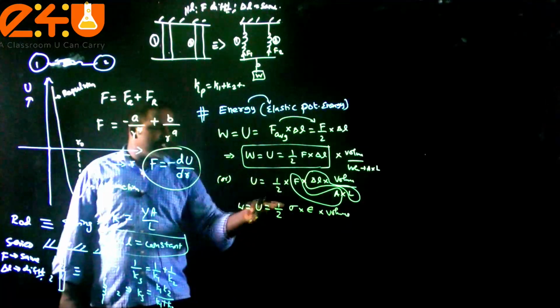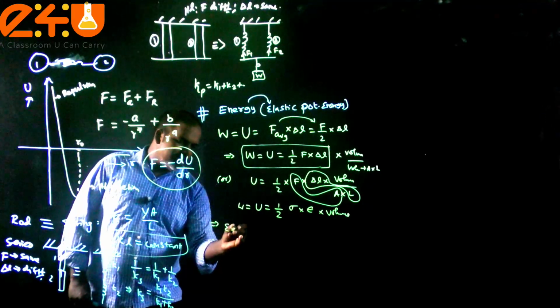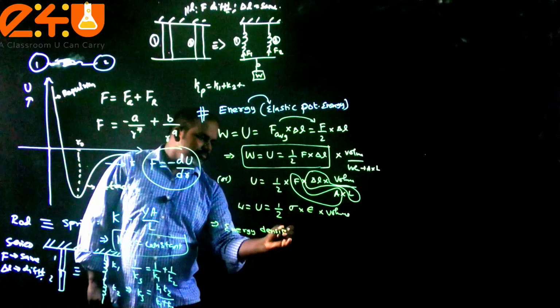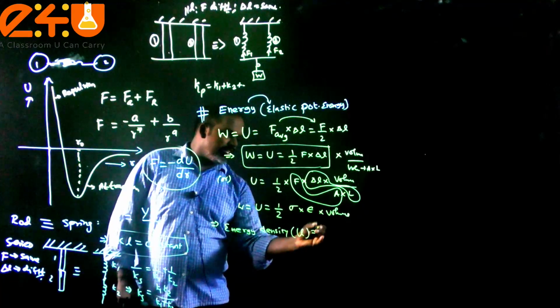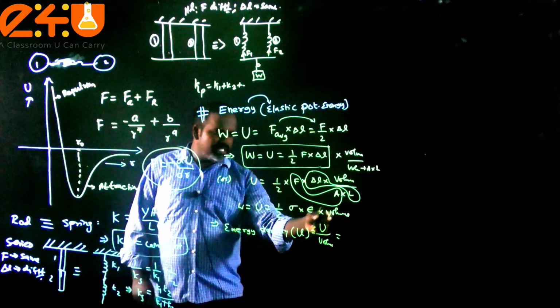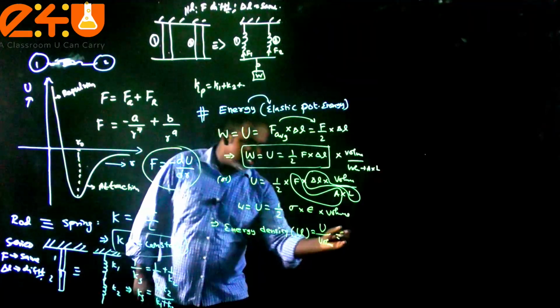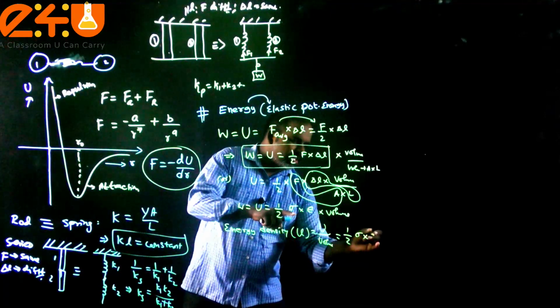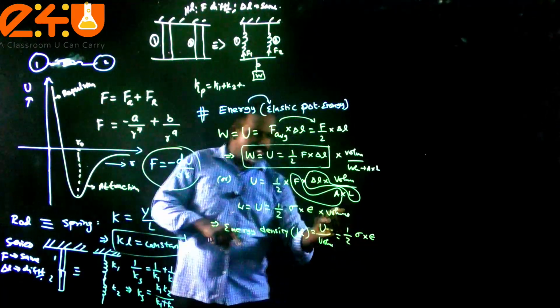Energy by volume is called energy density. So small u, energy density, is equal to energy by volume. Taking out the volume, the remaining term is 1 by 2 sigma epsilon, that is, stress into strain. This is the expression.